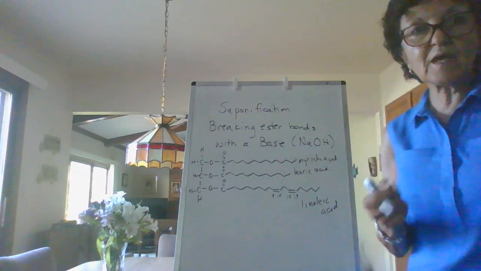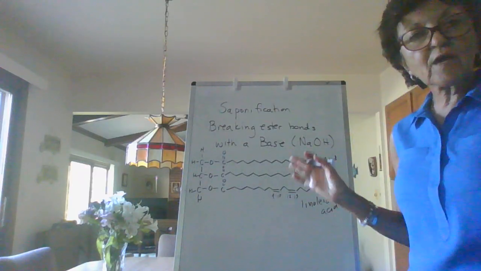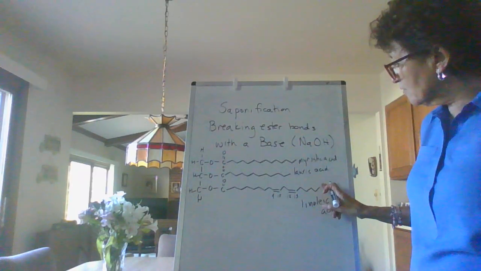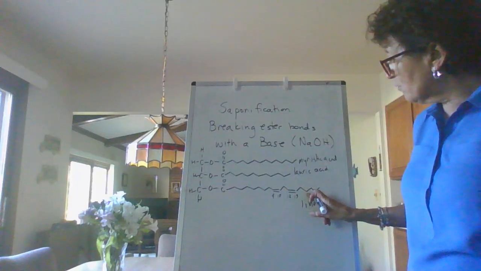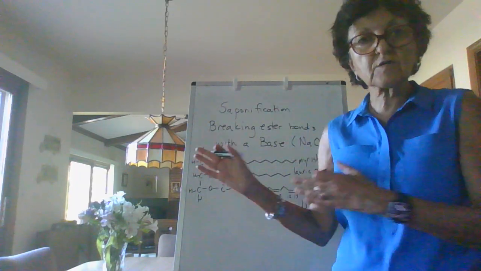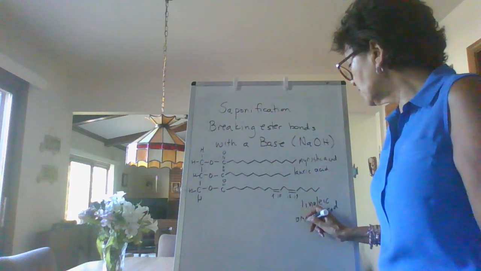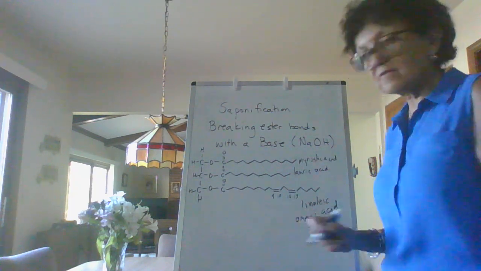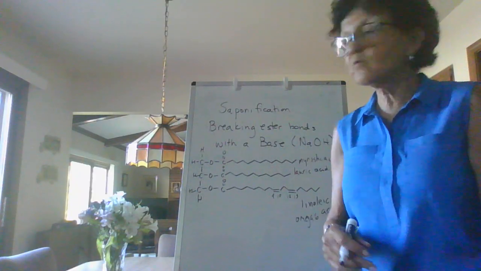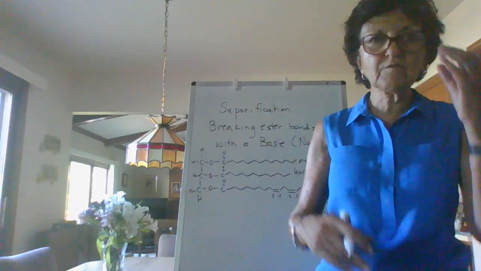Well, you know that omega-3 and omega-6 have to have double bonds, and you count the double bond from the end. So this one goes 1, 2, 3, 4, 5, 6. Since the first double bond is at carbon 6 from the end, this would be an example of an omega-6. Okay, so that's a quick recap of some of the things we've done in the videos that we've done before.